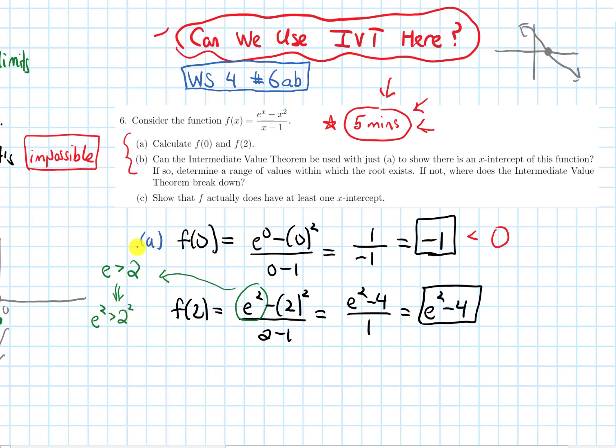It's going to be bigger than 4. So because of that, e squared minus 4 is a positive number. So it certainly seems like on the interval from 0 to 2, because one of these endpoints has a negative output and the other endpoint has a positive output, somewhere in the middle it seems like the y value should be 0. But there's a problem.